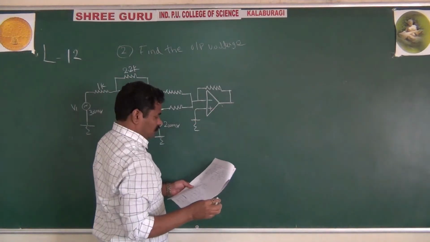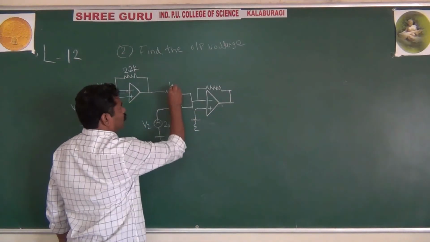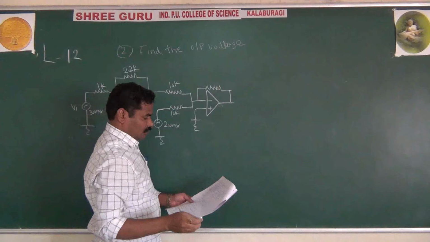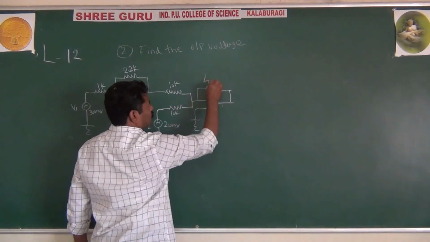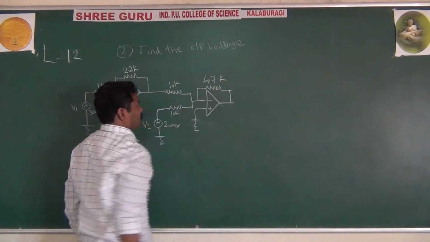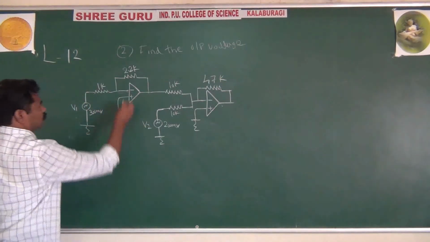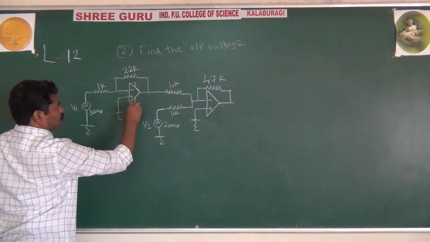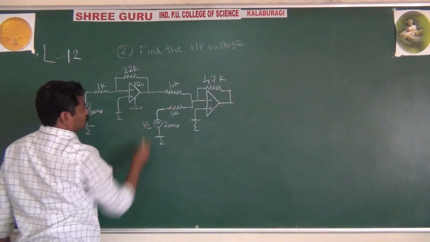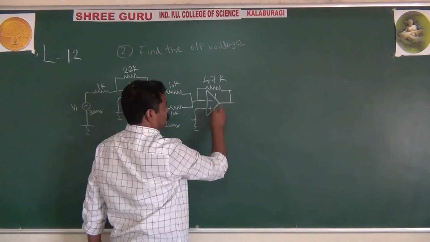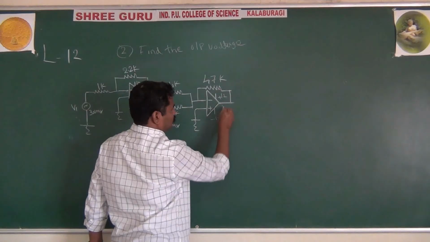The important thing is the values 10K and 47K. The remaining is as usual: plus 12 volts, minus 12 volts, here also plus 12 volts and minus 12 volts.